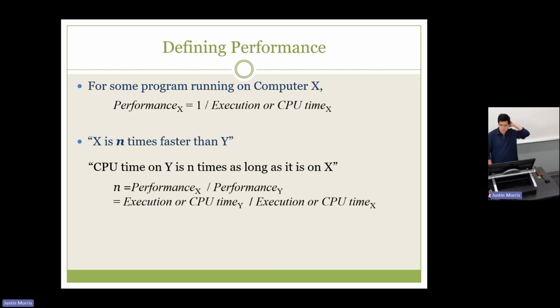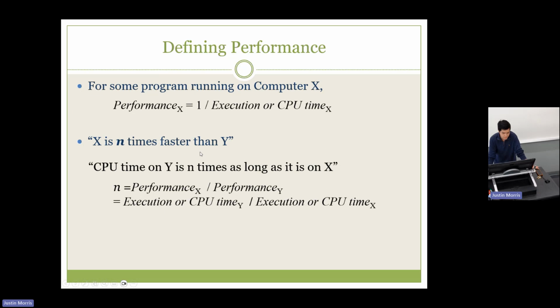With CPU time, smaller is better, right? But when we typically think about the word performance, we want larger is better, right? So we're just defining performance as the reciprocal of the CPU time. Because now, if CPU time goes down, performance goes up, right? CPU time goes up, performance goes down.